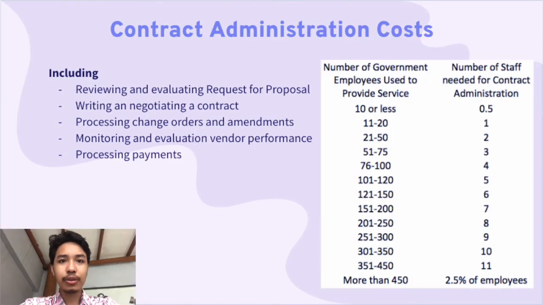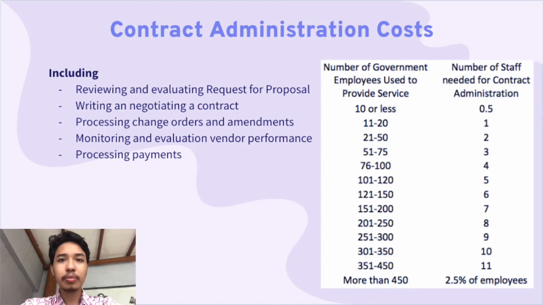As stated before, you must calculate the contract administration cost, which is the cost of selecting and managing a vendor through the life of the contracts, which may include reviewing and evaluating RFP or request for proposal, writing and negotiating a contract, processing change orders and amendments, monitoring and evaluating vendor performance, processing payments, and so on.